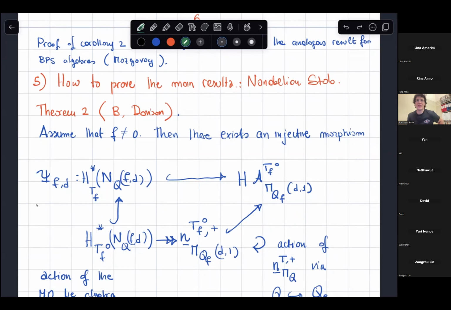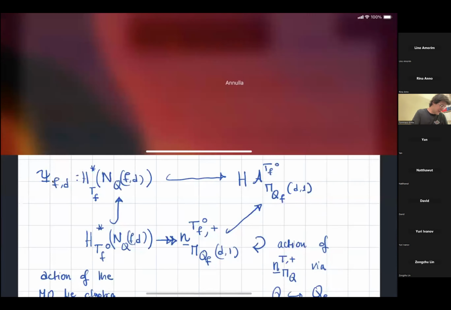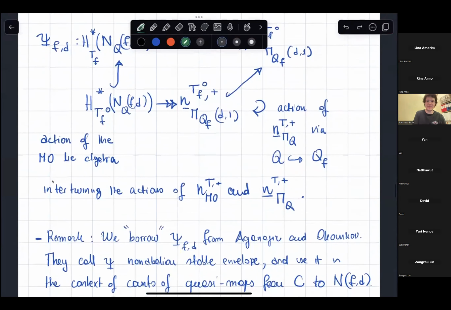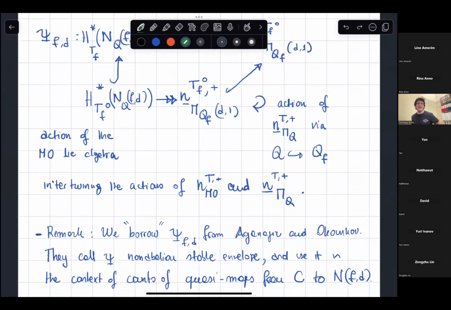First of all, as I also say in a remark below, this psi map is something that we borrow from Maulik and Okounkov. They call it a non-abelian stable envelope, and they use it in a totally different setting: the context of enumerative counts of quasimaps from some curve C to Nakajima quiver varieties.